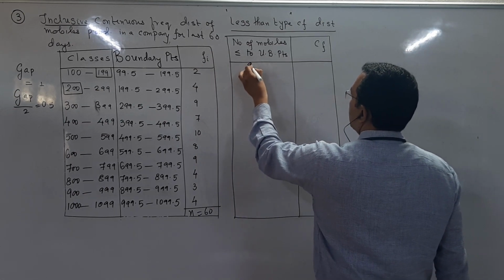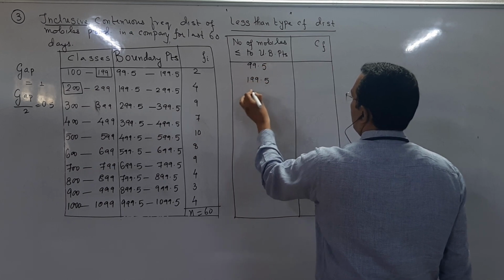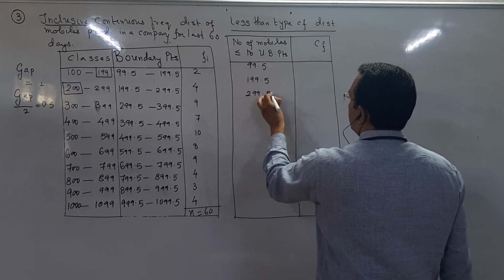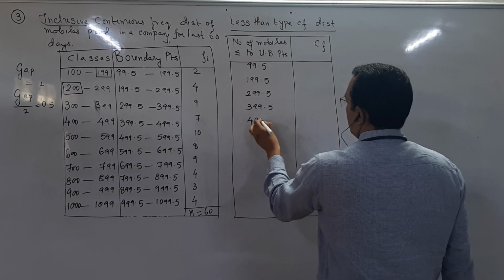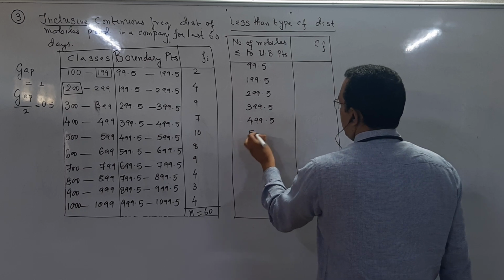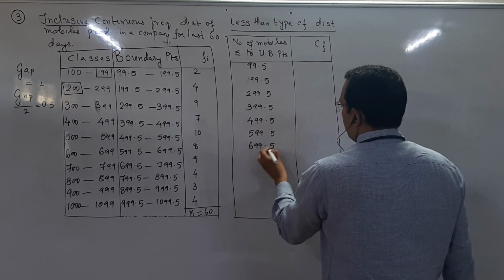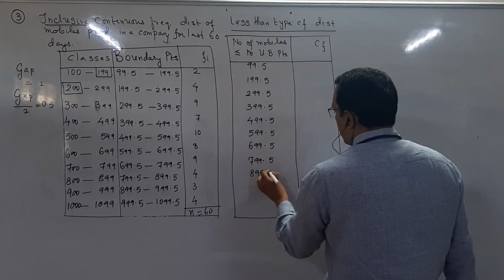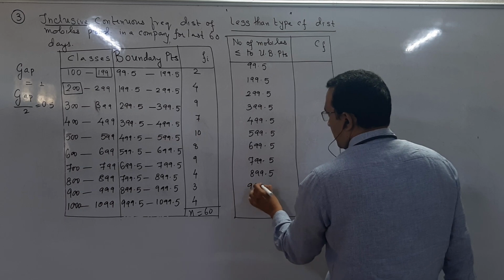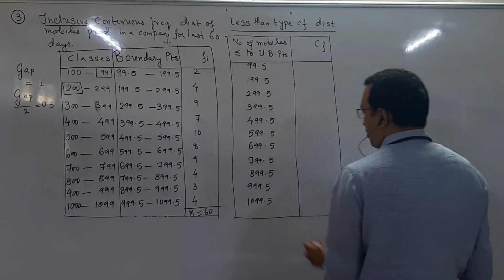So here I have 99.5, 199.5, 299.5, 399.5, 499.5, 599.5, 699.5, 799.5, 899.5, 999.5, 1099.5.